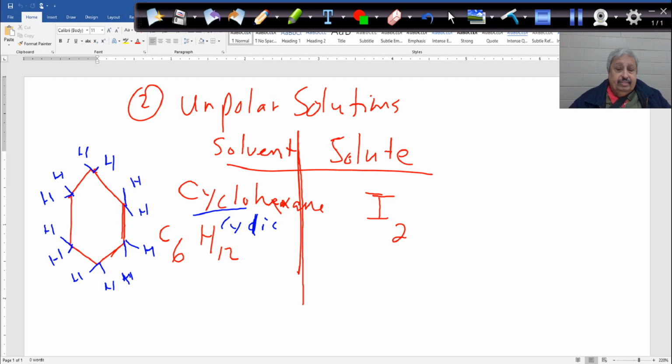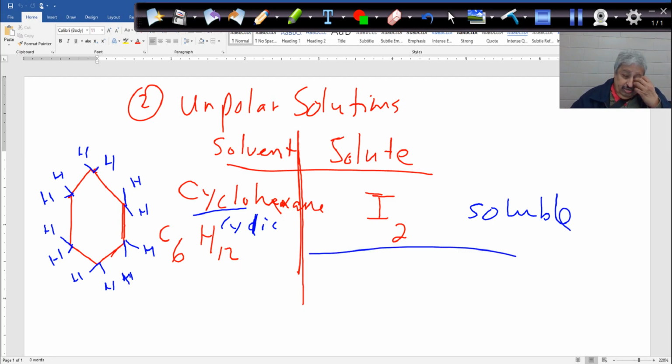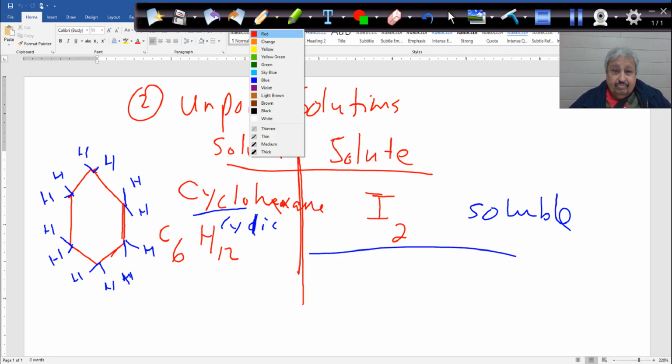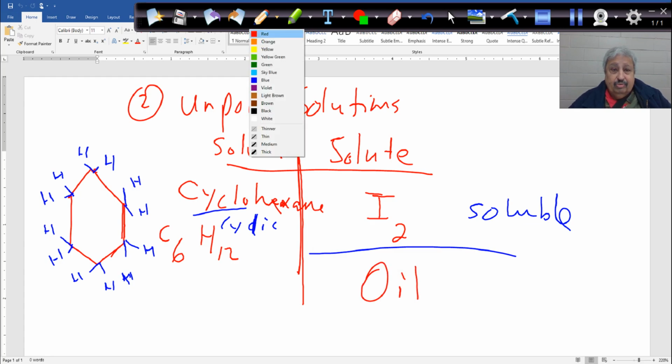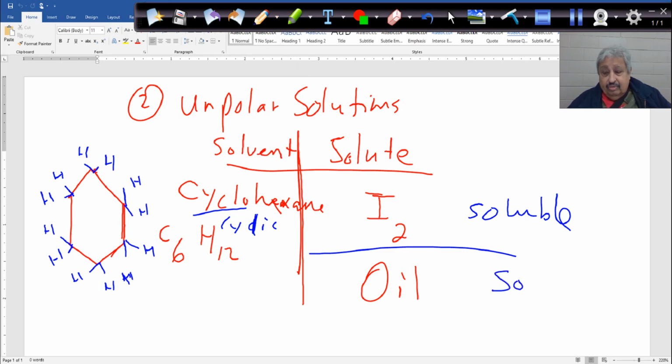So with iodine, it's soluble. That's very nice. Iodine is soluble in cyclohexane. And I'm not sure what the other compound was that we took. We took oil here. And it came out to be what? Soluble. But cyclohexane will not dissolve salt or ionic compounds such as potassium nitrate, or even covalent compounds like sugar or permanganate.